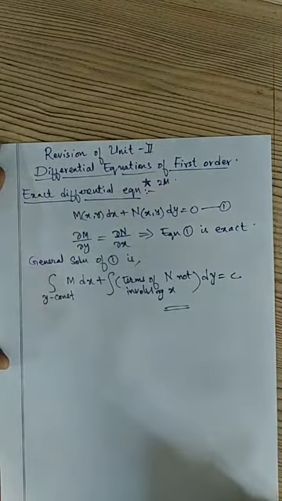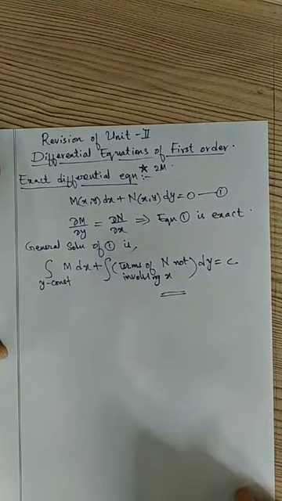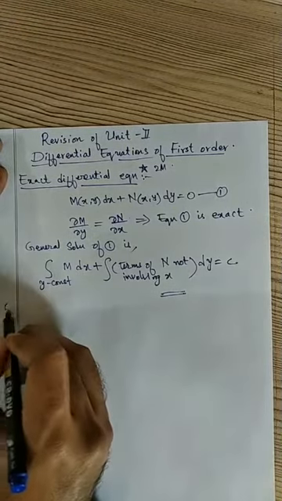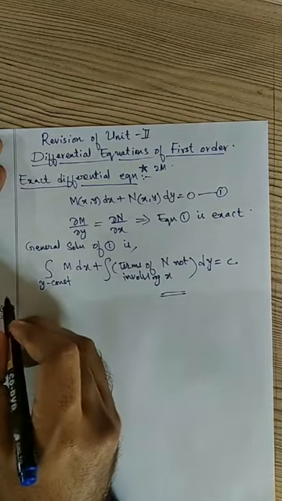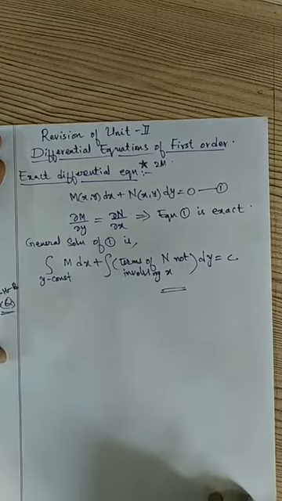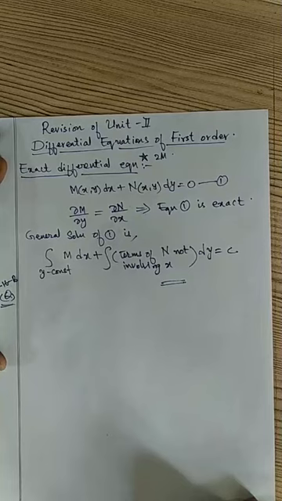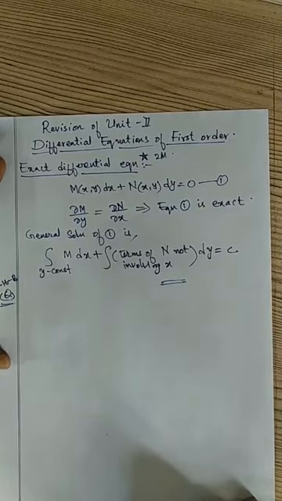So this is the general solution. We will see one example problem from this, and this question was asked in the June 16 backlog paper. All the questions that we are going to see now will be somewhere asked in the exam.